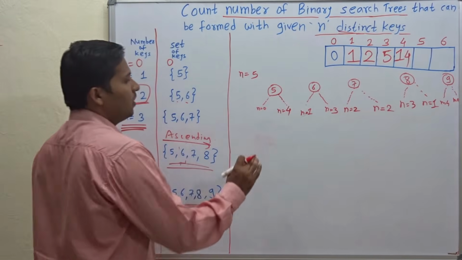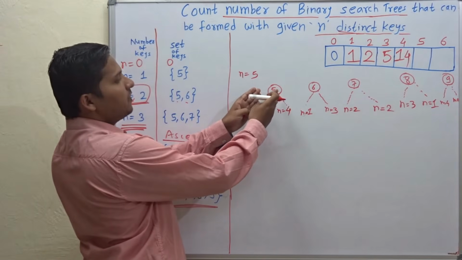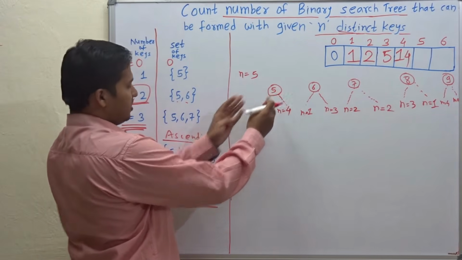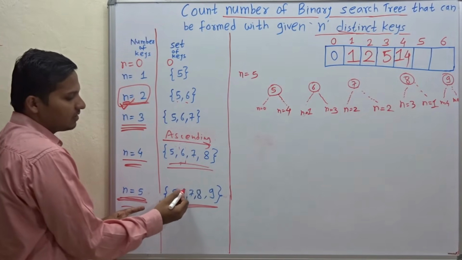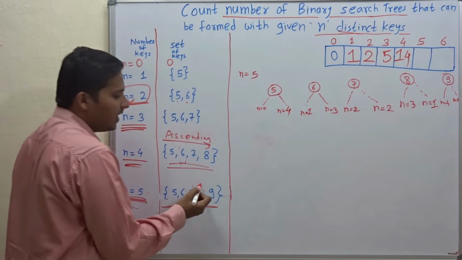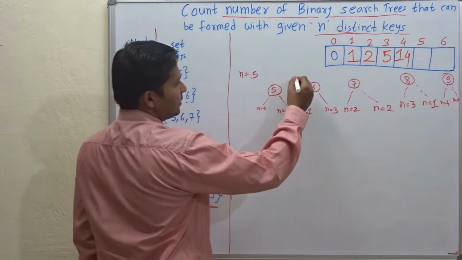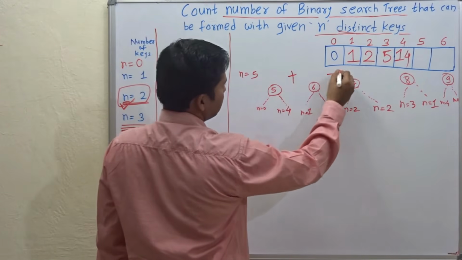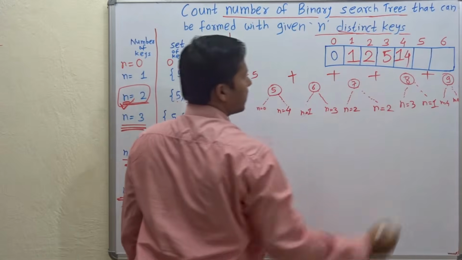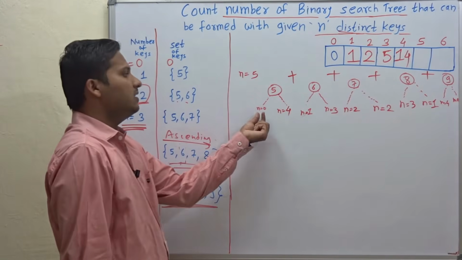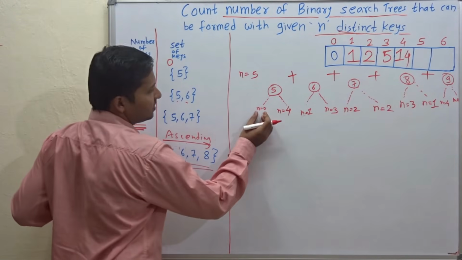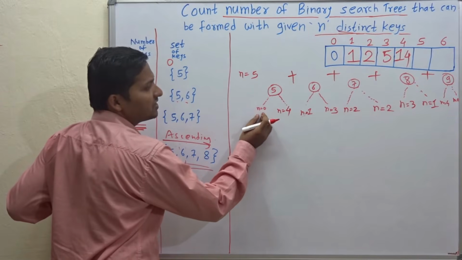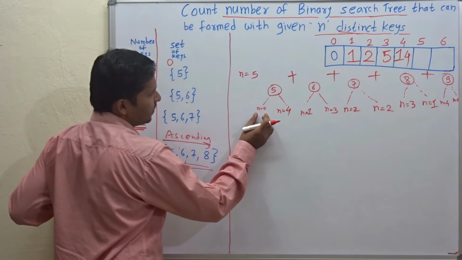Now, as you know, we say like 5 is the root for the binary search tree, or 6 is the root, or 7 is the root, or 8 or 9 is the root. So it comes plus here. Okay, and for n equal to 0 keys, there is no possibility of a binary tree.